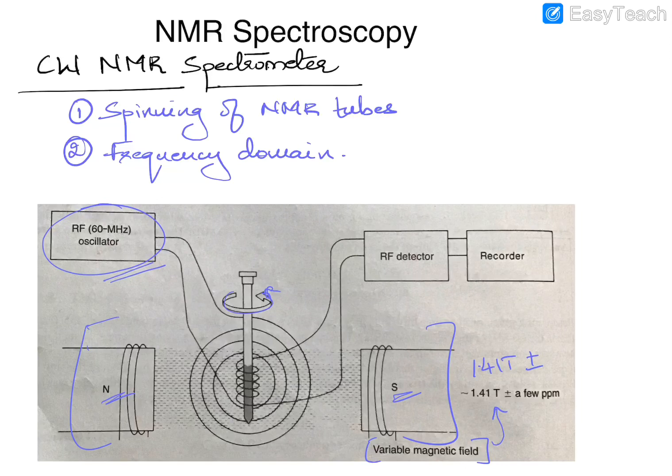The spinning of NMR tubes is done so as to result in a homogeneous field around the sample, so that there are no inhomogeneities of the magnetic field strength exhibited by each and every nucleus in the sample. And such a spectrum which results from a continuous wave NMR spectrometer is called a frequency domain NMR.